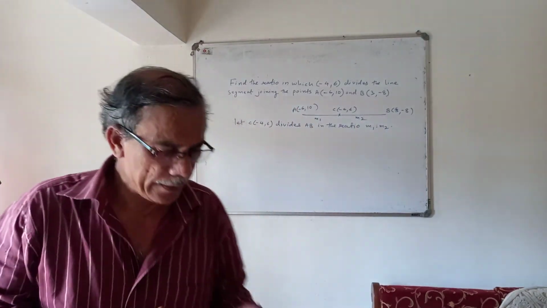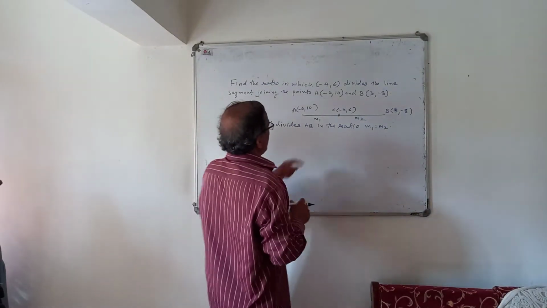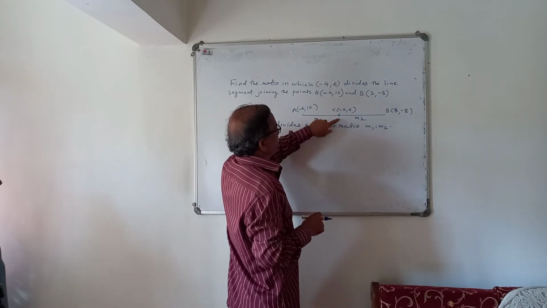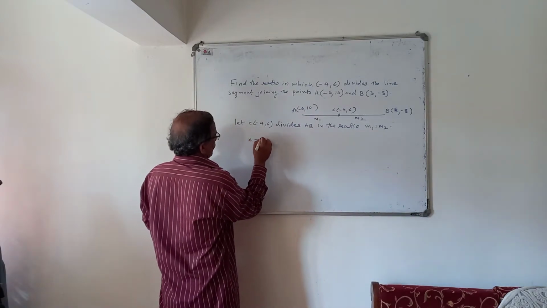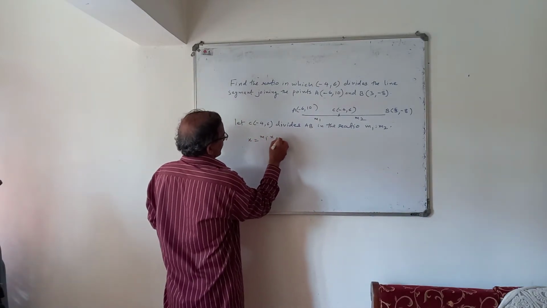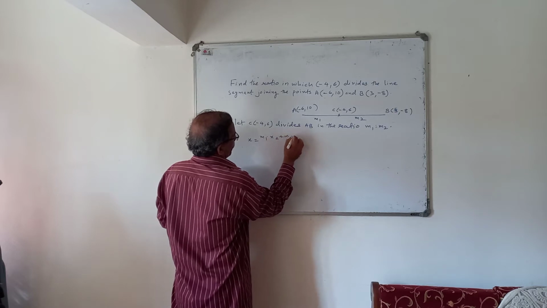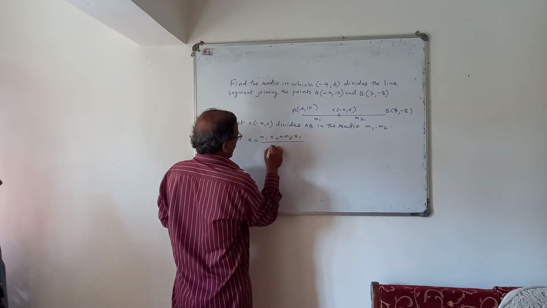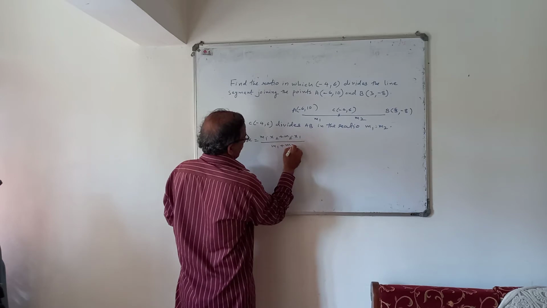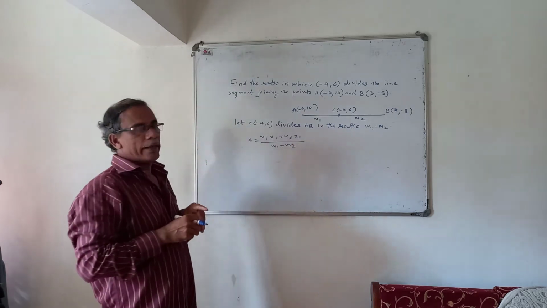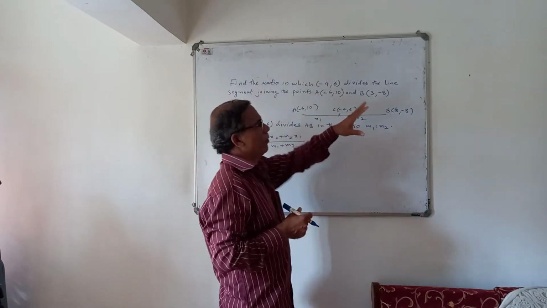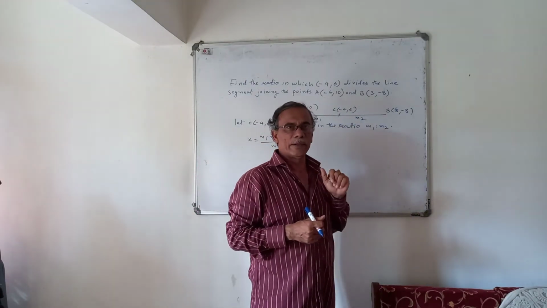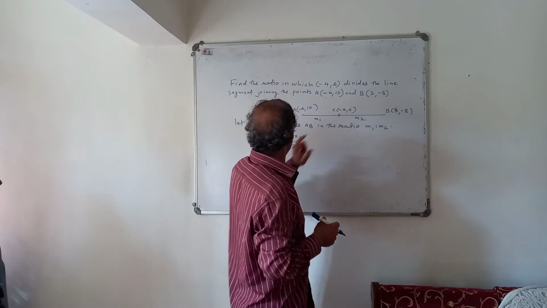Now if we want to find the coordinates of the point which divides in a particular ratio, what formula do we write? x is equal to m1 into x2 plus m2 into x1, whole upon m1 plus m2. This is our formula to find the x coordinate of the point which divides the given line segment in a given ratio.